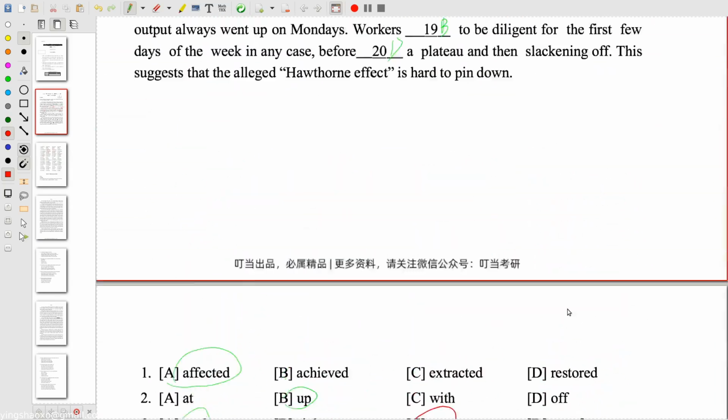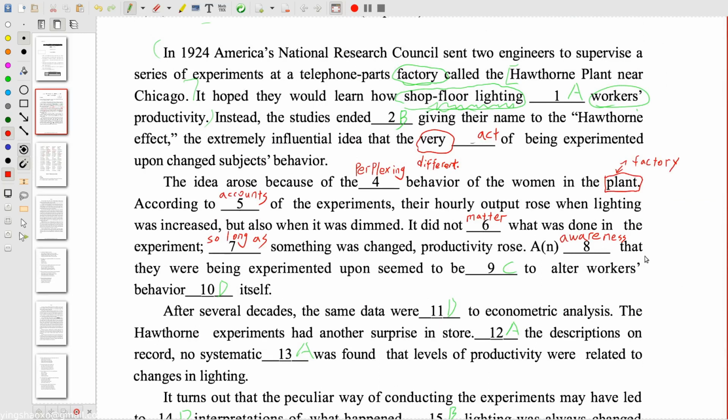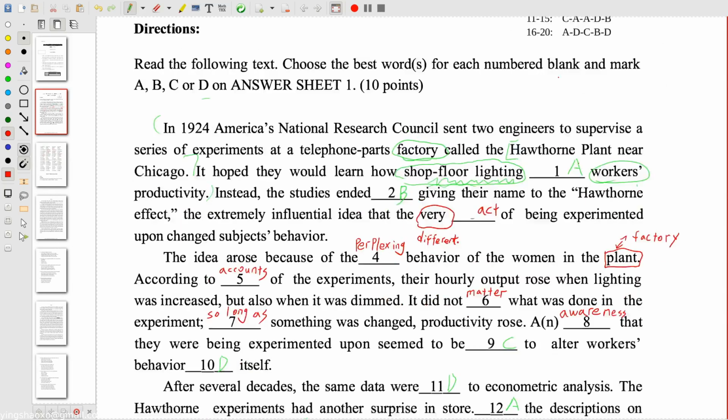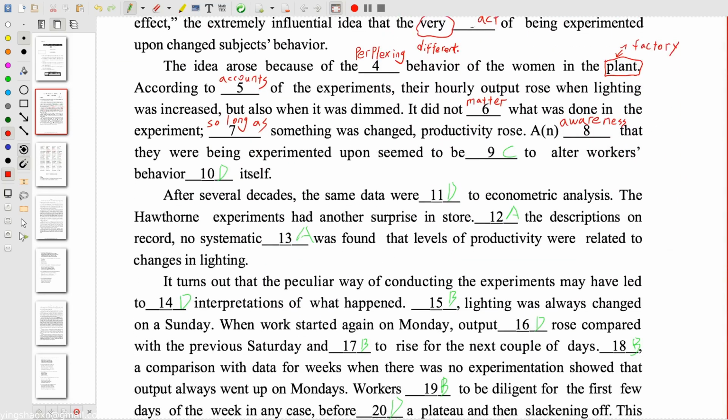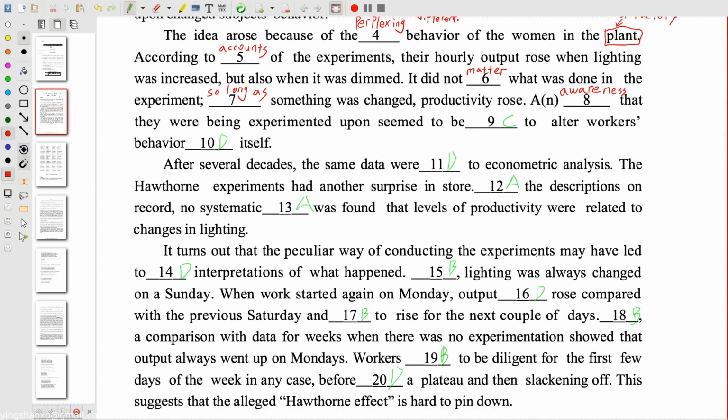C is enough. So an awareness that they were being experimented upon seemed to be enough to alter workers' behavior by itself. The 10 is itself. Okay.